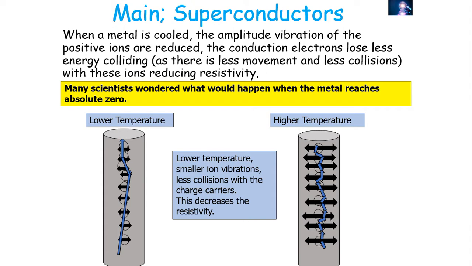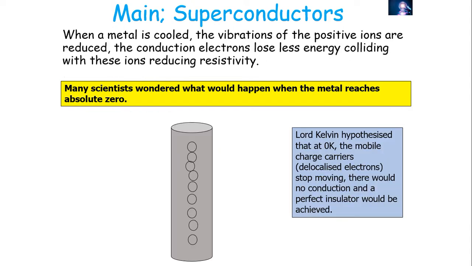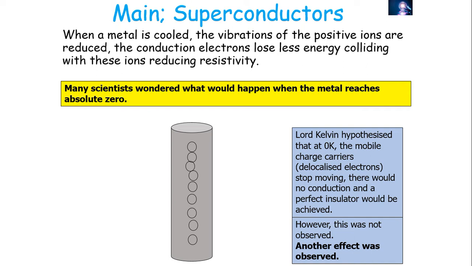So it was considered, well, what would happen when a metal reaches absolute zero, okay, the lowest temperature possible? Well, Lord Kelvin hypothesized that at 0 Kelvin, when there was no energy in those ions, the mobile charge carriers, okay, would stop moving, there'd be no conduction, and a perfect insulator would be achieved. However, this was not observed.